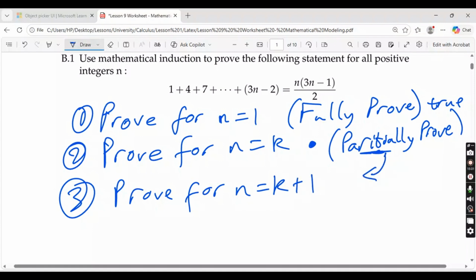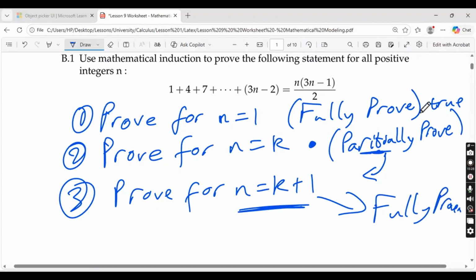Then you use the statement from n equals k, take it as it is, and just insert it when you're proving for this. Once you have done that, you have fully proven the whole question. Does that make sense? Yes. Okay.